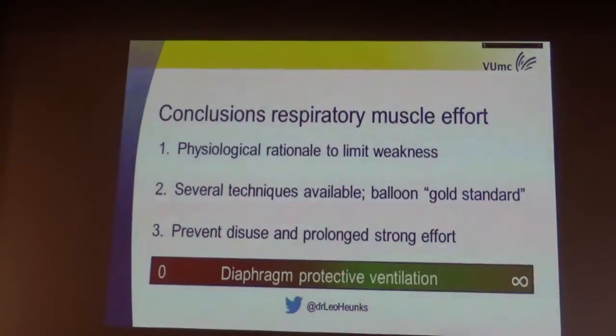So to conclude, there's a good physiological rationale to track activity of respiratory muscles in ICU patients. The esophageal balloon is still the state-of-the-art technique, and we should aim to prevent disuse atrophy and very high breathing effort. Thank you.